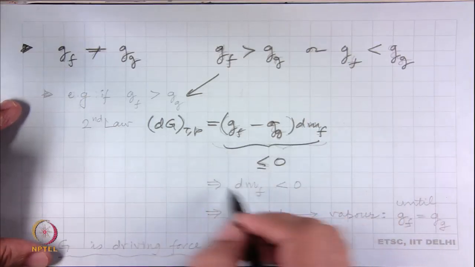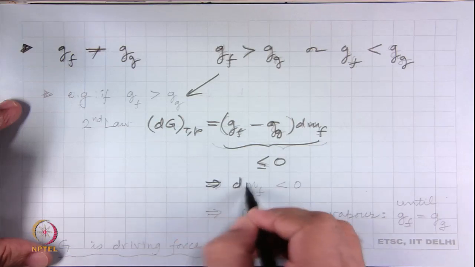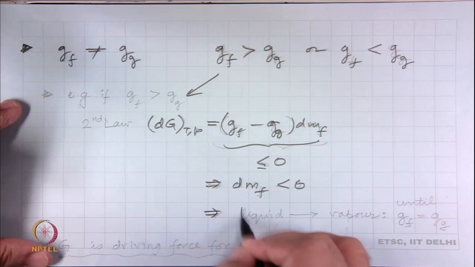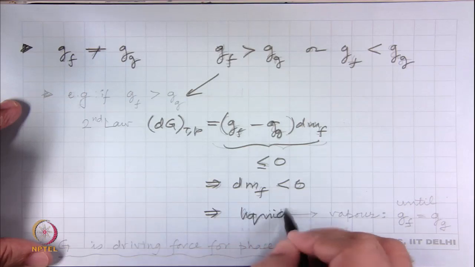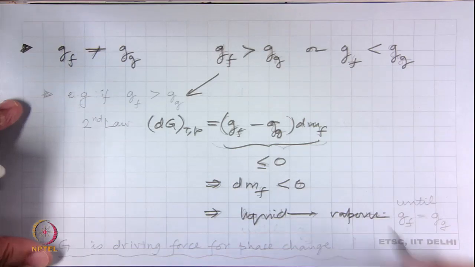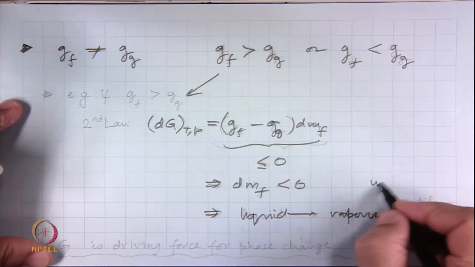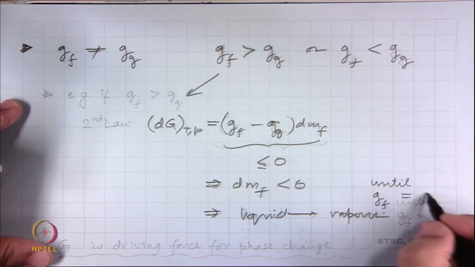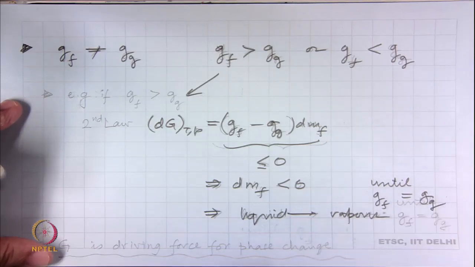This tells you that dm_f has to be less than 0, which implies that some of the liquid will become a vapor, and it will do so until G_f is equal to G_g.